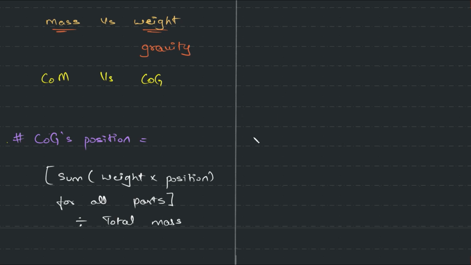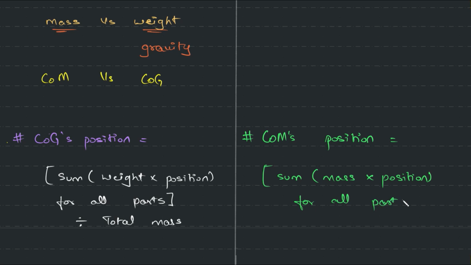While we have center of mass, so look at the difference. Center of mass's position will be equal to the sum of mass times position for all parts, divided by total mass.